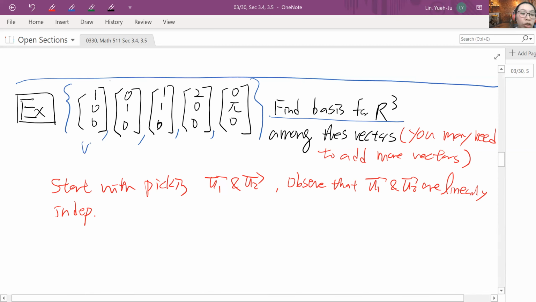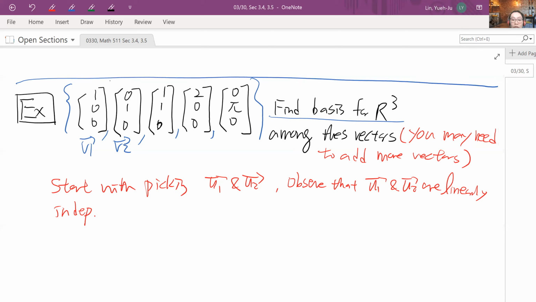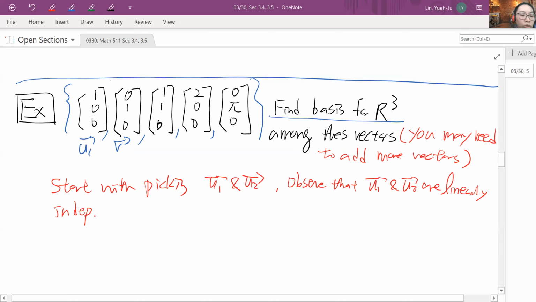So you already know these 2 are independent, right? How would I know? Because they're not multiples of each other. And someone just tells me V3 is the bad one. Actually, I called it U1, U2. Let me just call them U1 and U2 so we can distinguish from the earlier example. If we start by picking U1 and U2, they are linearly independent because they're not multiples of each other.